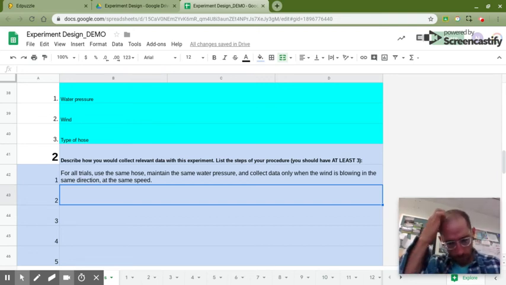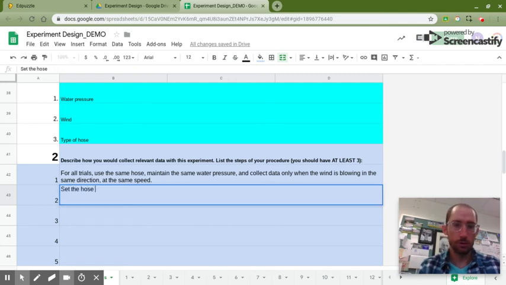So, set the hose angle at 10 degrees. Then you could say, go in increments of 5. Okay, why not 10? Well, there's a magic angle that is between 40 and 50 that you want to make sure you collect data for. So set the hose angle at 10 degrees.